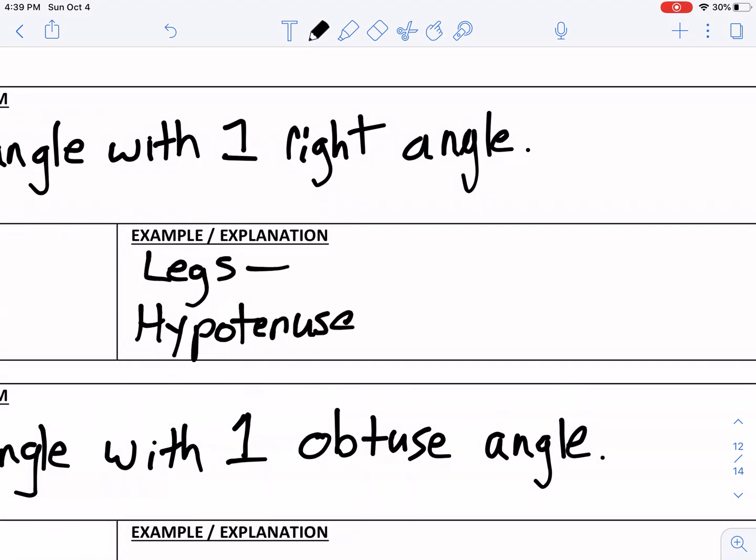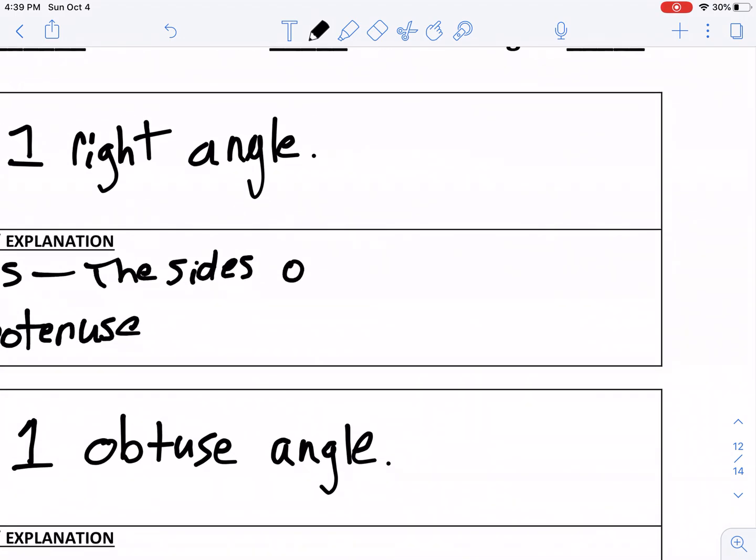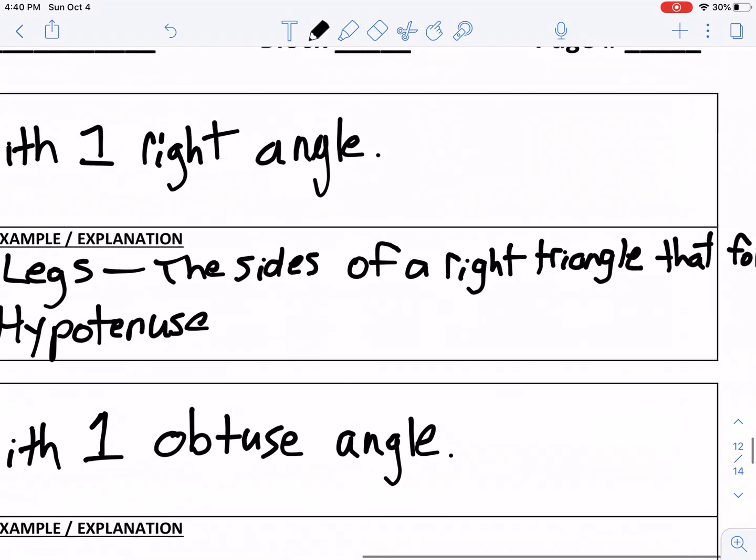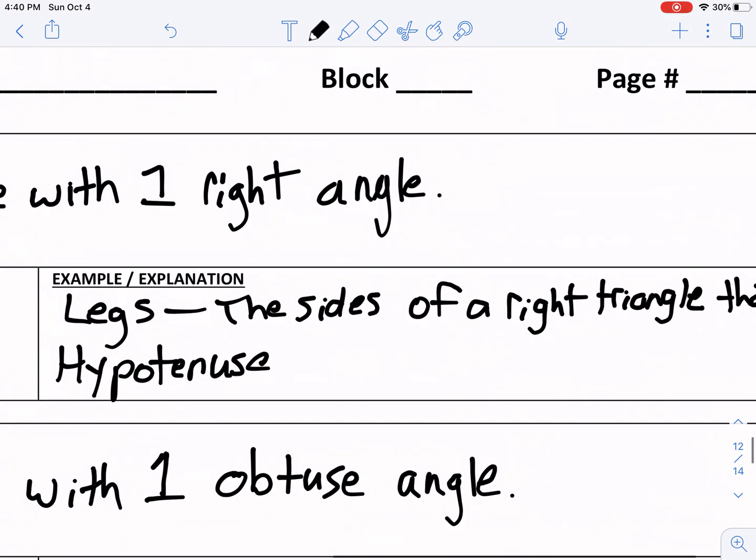So the legs of a right triangle are the sides of a right triangle that form the right angle.